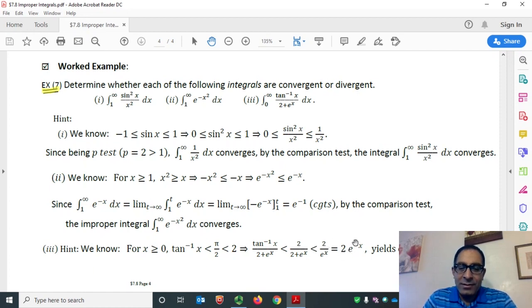That means the smaller integral, the integral of tan inverse x over 2 plus e to the x from 0 to infinity, obviously converges. Great. Awesome. So we finished these improper integrals as well as chapter 7. So thank you.